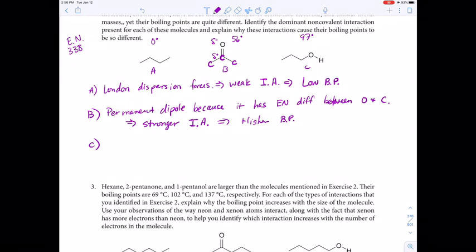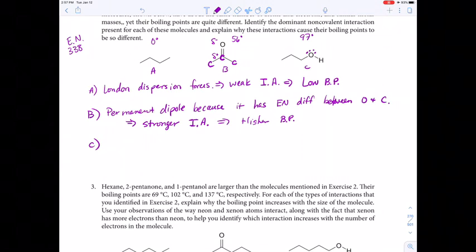Okay, and then C. So on this one, we have an oxygen with a hydrogen bonded to it. So thinking about the types of intermolecular attractions, hydrogen bonding is the strongest one.